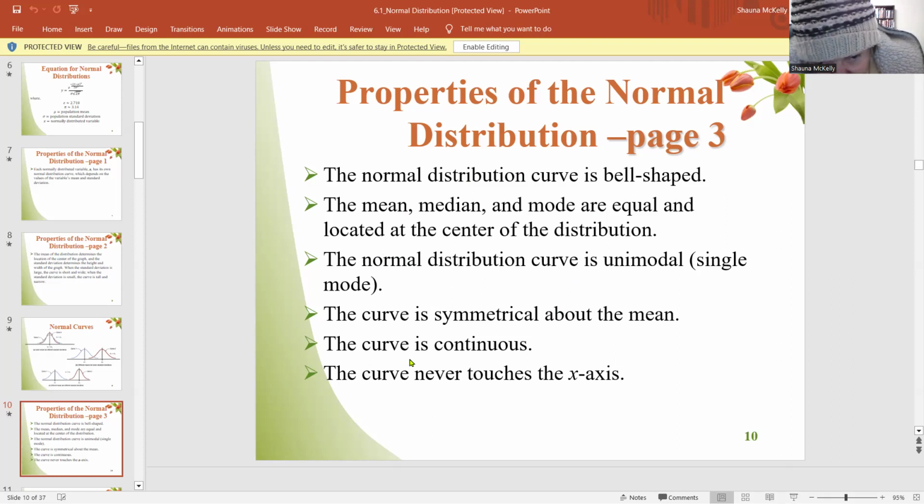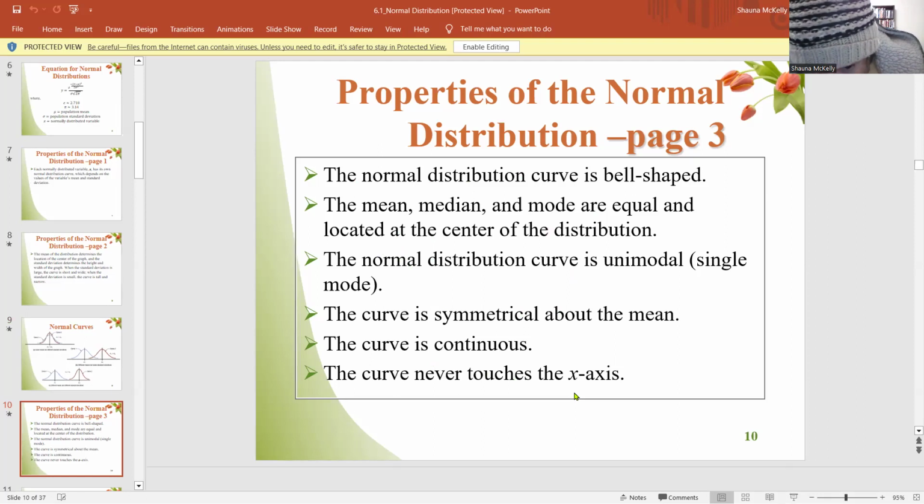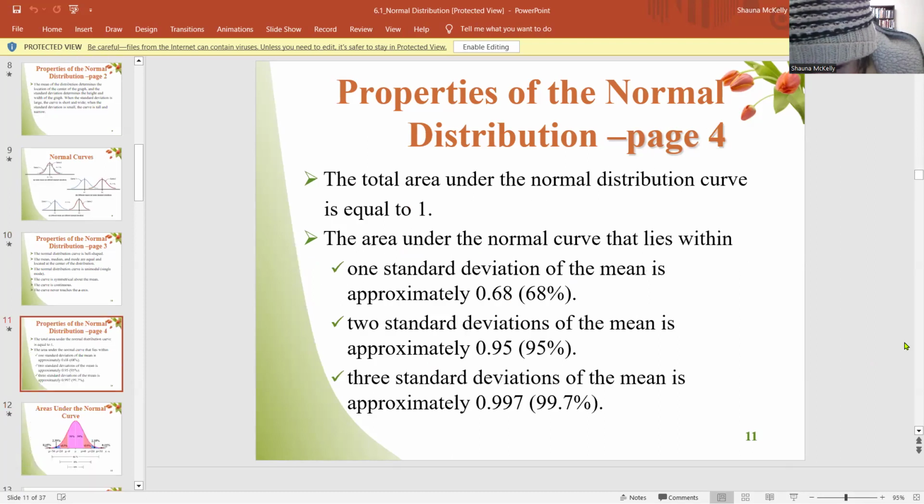If you know these properties, you'll be in good shape. One that's not on here, there's more properties here. She also includes this first bullet at the top. The total area under the normal distribution curve is equal to 1, which is the second question on your homework assignment. So here it says, what is the total area?